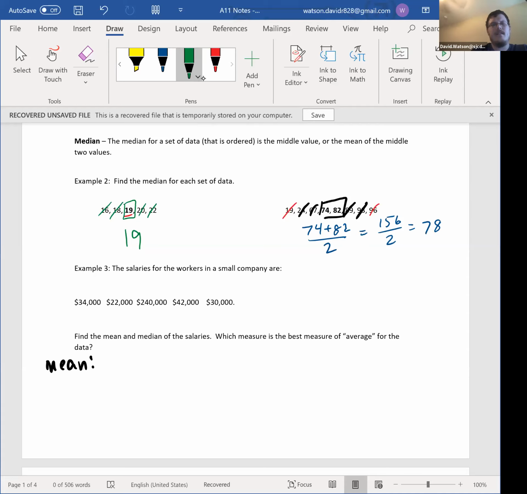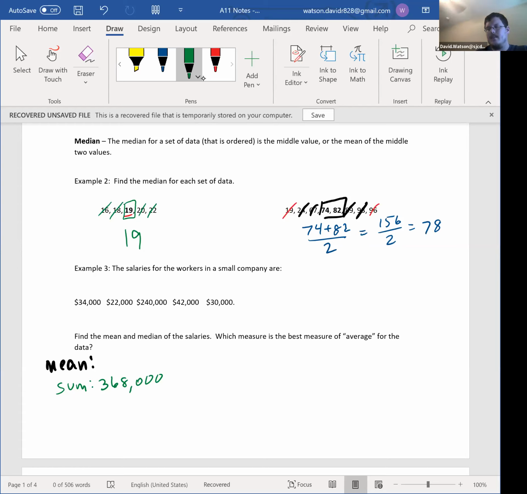If we want to take the mean, then we need to add up all of this data. So just right here, I'm going to put sum. If you add up 34,000 plus 22,000 plus 240,000 plus 42,000 plus 30,000, you will get 368,000.